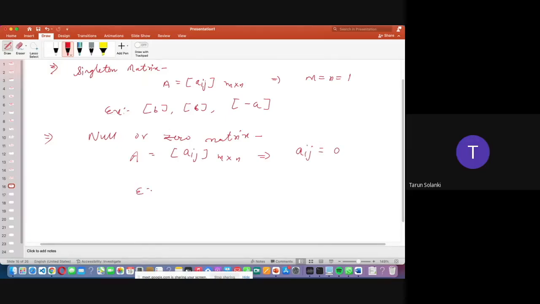So example: 0 0 0 0 0 0. So it's a zero matrix of order 3 into 2.